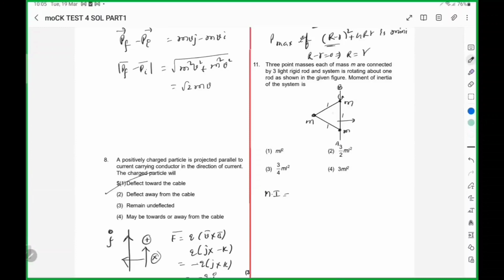Inertia is there only due to this mass. Draw a perpendicular. It bisects the opposite side. So it is L by 2. Say this is CD. CD will be root of L square minus L square by 4. So this CD will be root 3 L by 2. So M into R square, that is 3ML square by 4.